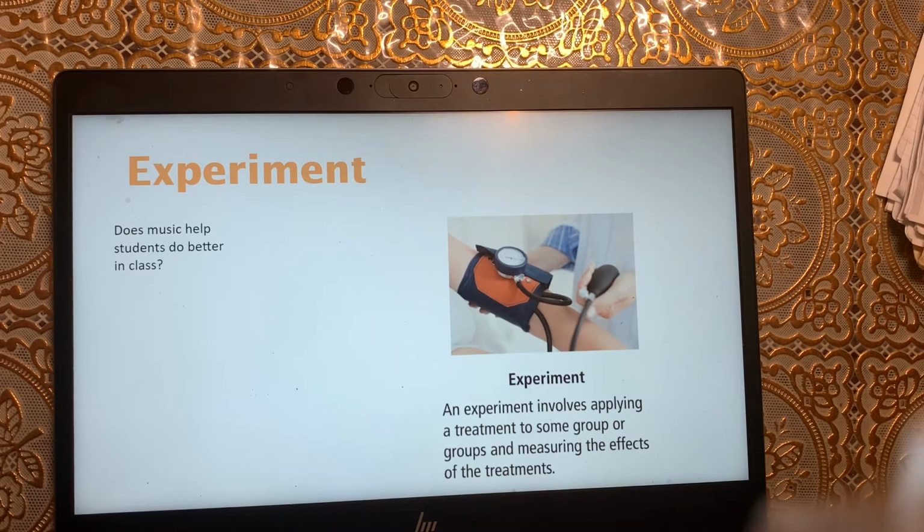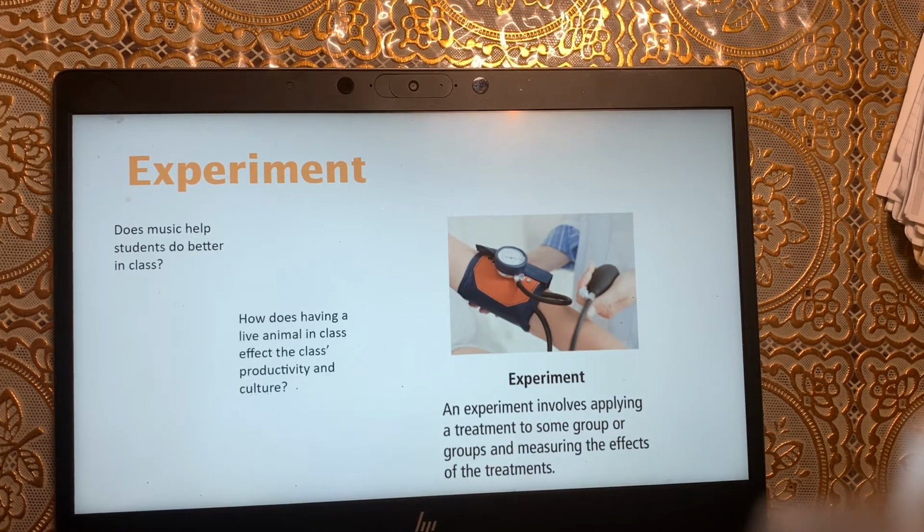In an experimental study, those treated groups or treated samples are called experimental or treatment samples, and you can leave the other group with no treatment and see the difference. Those who listen to music when they study, does that help them or not, compared to those who are not using music?